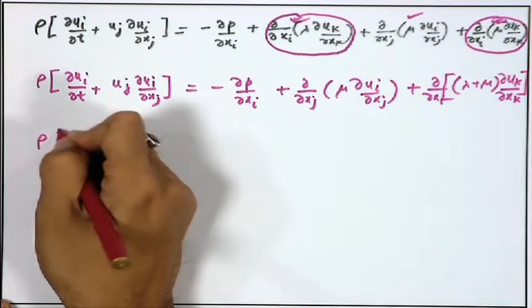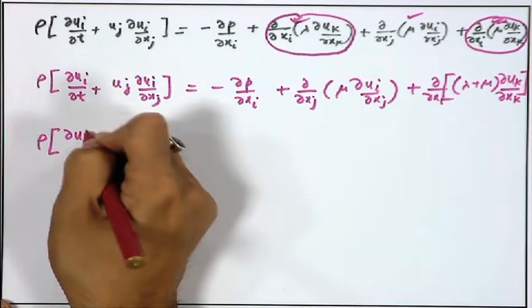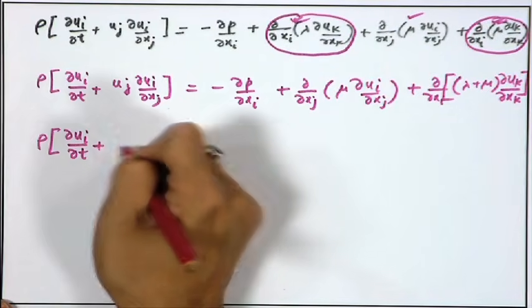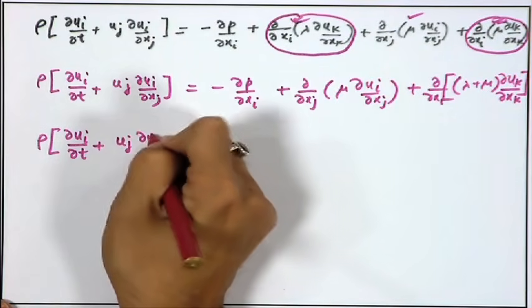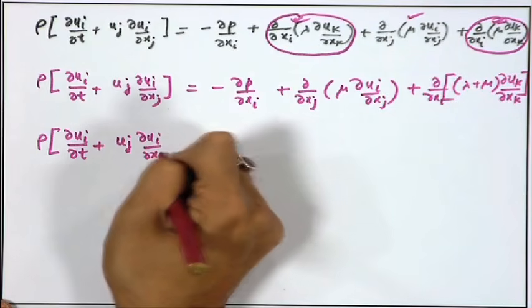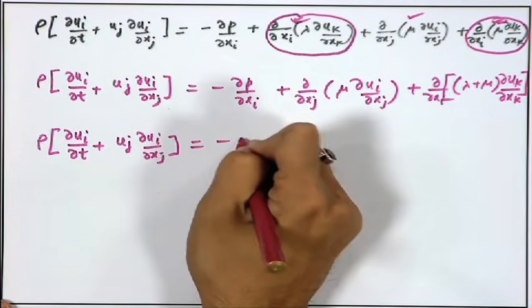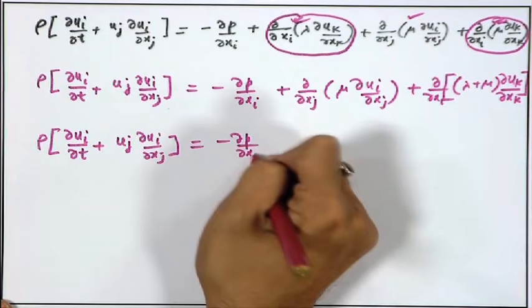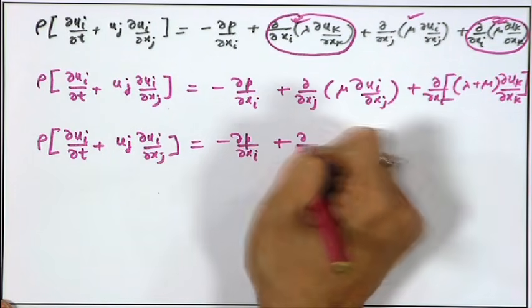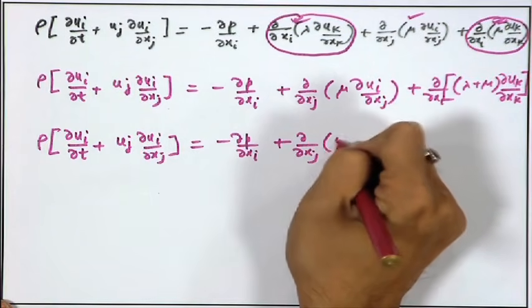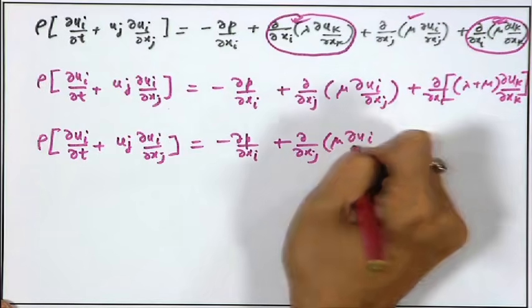So, that means you have rho del u i del t plus u j del u i del x j is equal to minus del p del x i plus del del x j of mu del u i del x j.